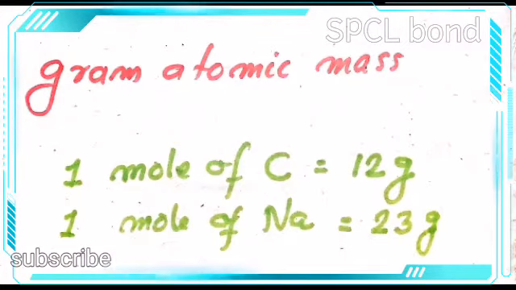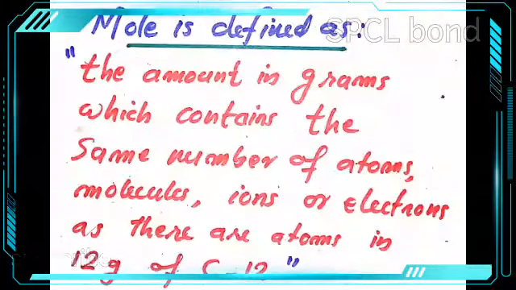In other words, 12 gram of carbon consists of 1 mole of carbon atoms. Clear now? What is the atomic mass of sodium? 23. So, 23 grams of sodium consists of 1 mole of sodium.